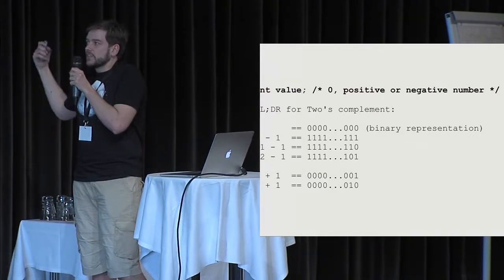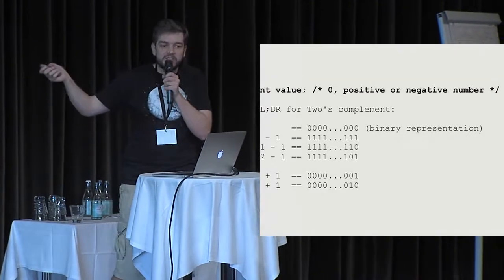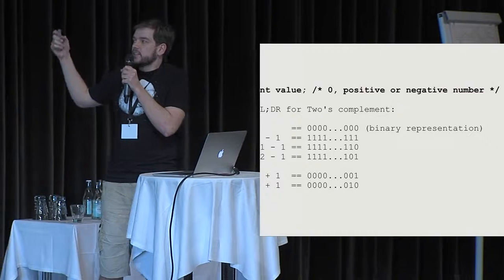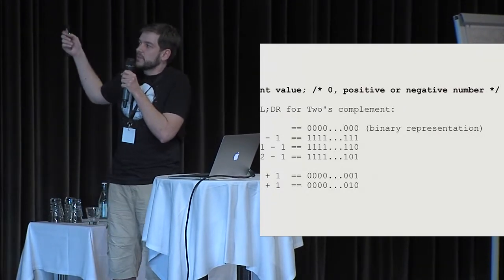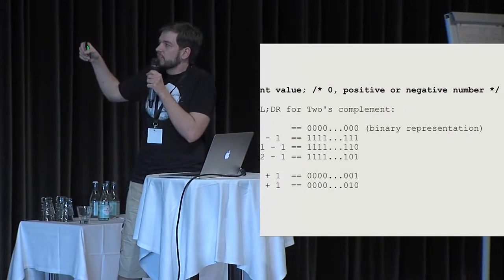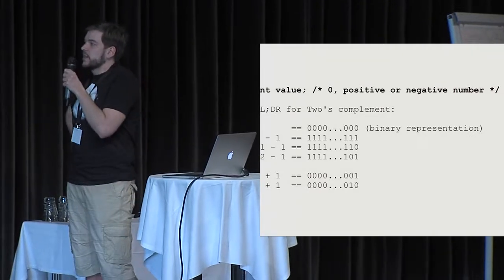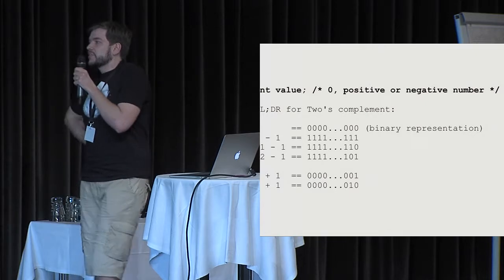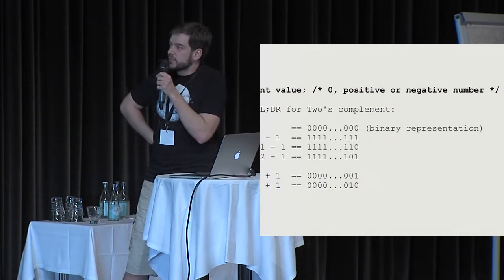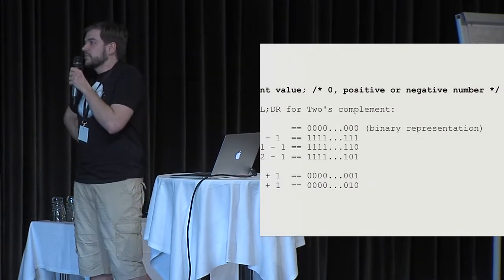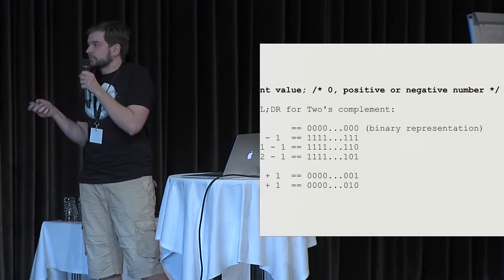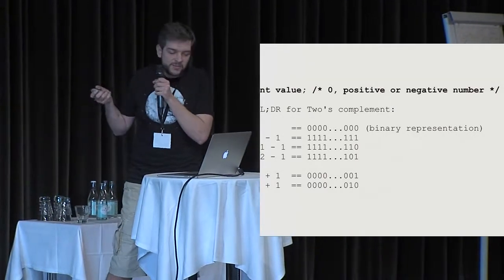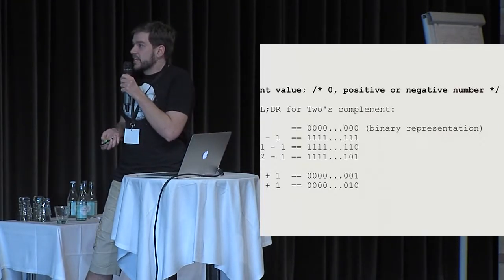If you continue subtracting 1, you can represent any kind of negative number, and it's easy to figure out how it works. So -2 will have 0 at the last bit, -3 will have 0 at the second to the last bit, etc. And the positive numbers are quite easy to represent as well, because you start from 0 and you just add 1 to 0, so that you can represent any kind of number in this way.